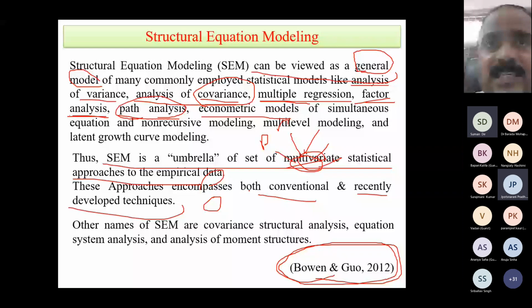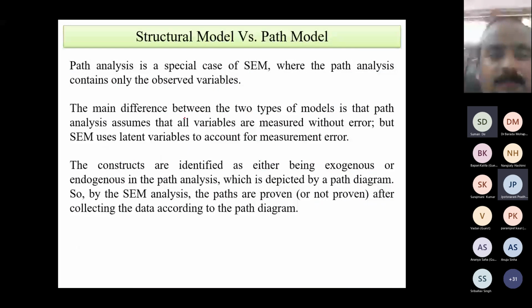Is there any difference? Because here it is saying also path analysis. So let us go and know the difference. What I was explaining, please, again I am saying, this is one measurement model, this is another measurement model, this is another measurement model. This measurement model is attitude, suppose. This one is satisfaction, suppose. This one is performance, suppose.